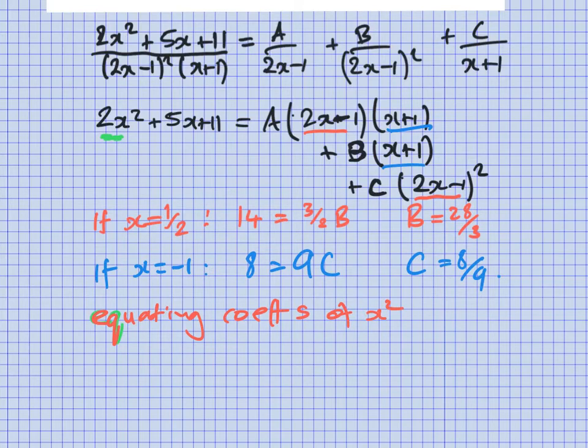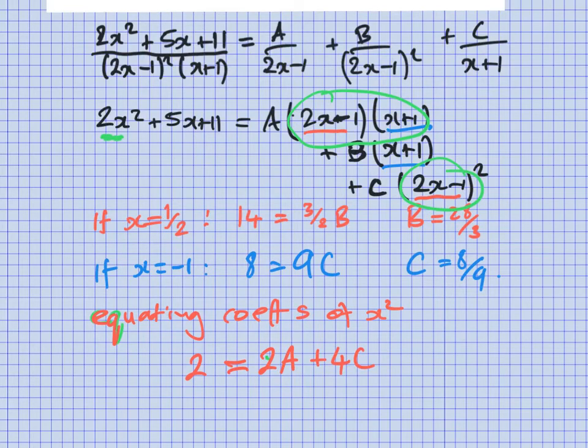So on the left hand side of the equation there are 2x squareds. On the right hand side, if I expand this, that would give me 2x squared, so that's going to be 2a. And if I expand this part, that's going to give me 4x squared, so 4c. 2 equals 2a plus 4c.